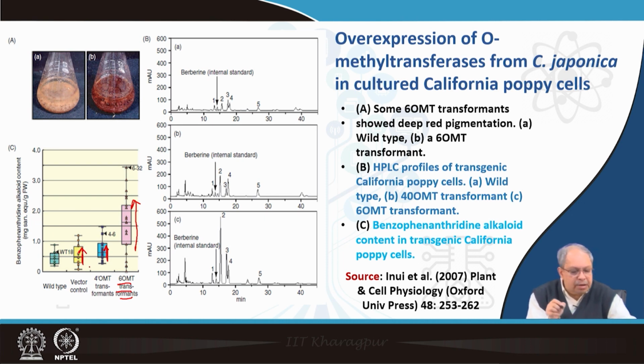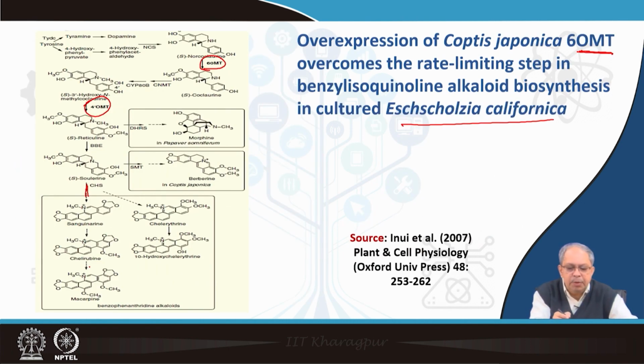So, that means that 6-OMT expression basically performed the job well, and what is the reason for that? Actually 6-OMT in the plant is not that active. So, therefore, putting an extra copy of 6-OMT basically pushes the pathway in this direction, and then 4-OMT, naturally there, will push further and lead to the product.